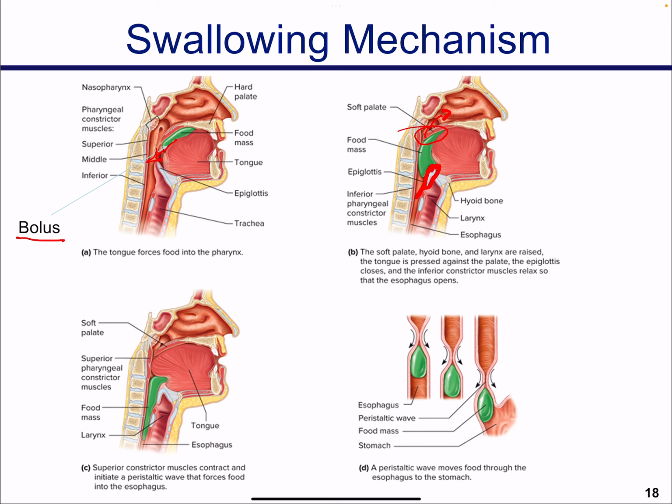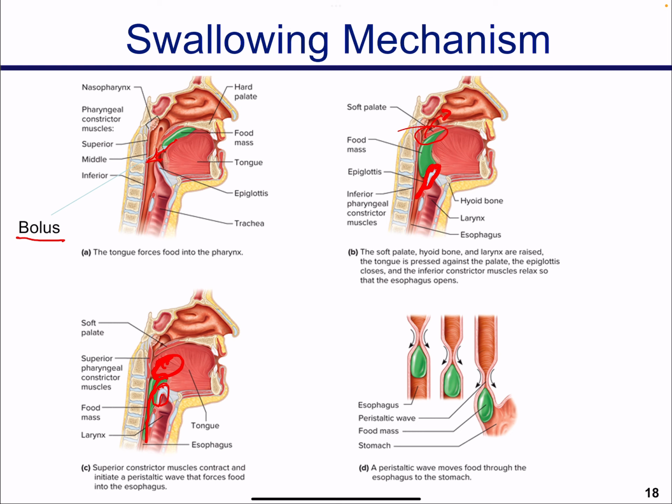So the epiglottis goes down. By going down, the epiglottis is actually going to close the windpipe so that the food doesn't go toward the windpipe, right? You see the tongue here is pushing the bolus down, right? And then beyond that, the bolus finds itself in the esophagus.